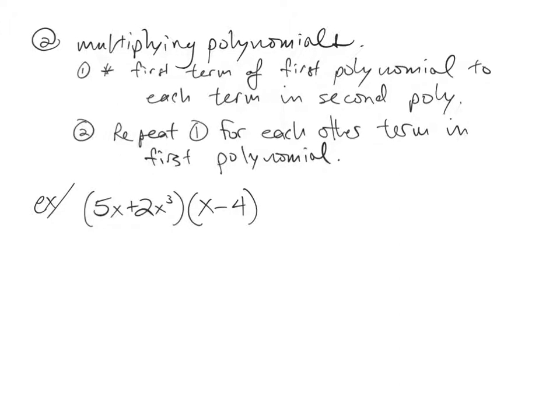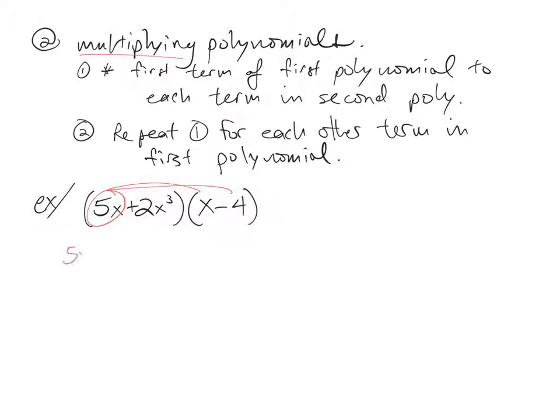For this slide and for the last operation that we will be doing with the polynomials, it is multiplying polynomials. And all you need to do here is multiply the first term of the first polynomial to each term in the second polynomial. And then you just repeat that step for each other term in the first polynomial. So what that looks like, and I'll do it nice and drawn out this first time.